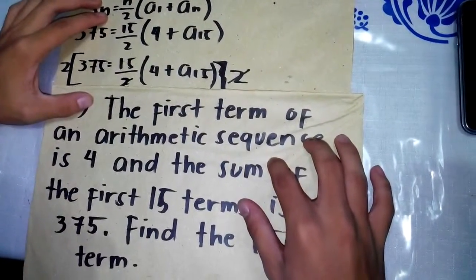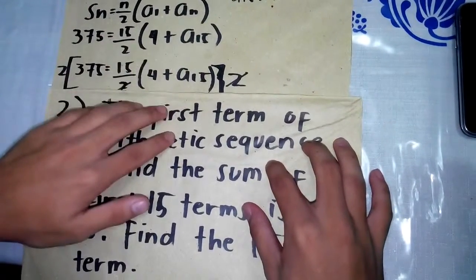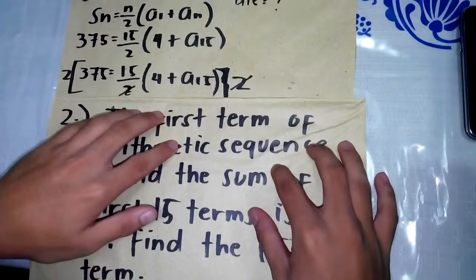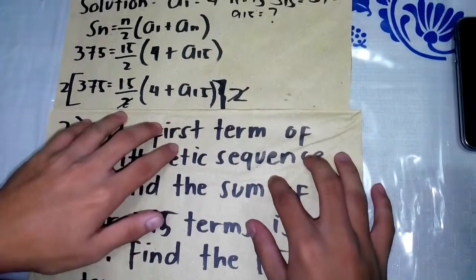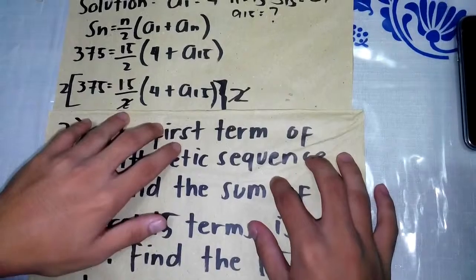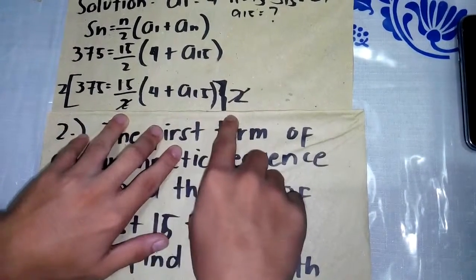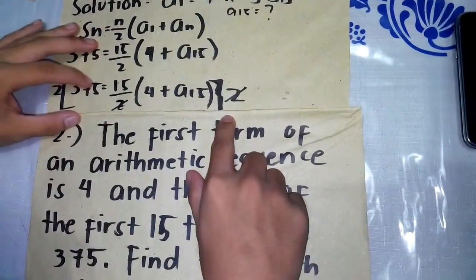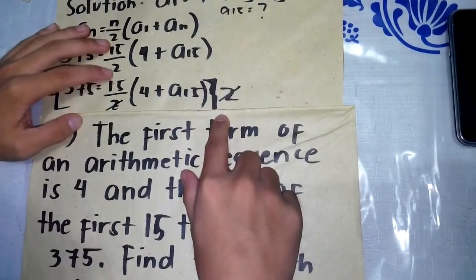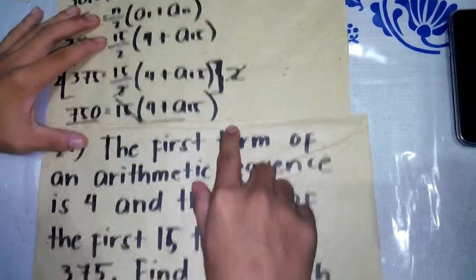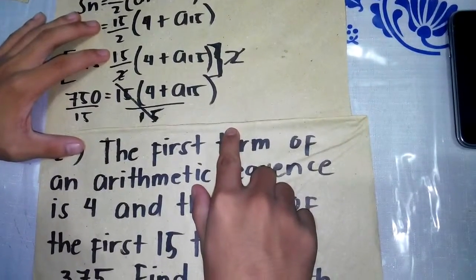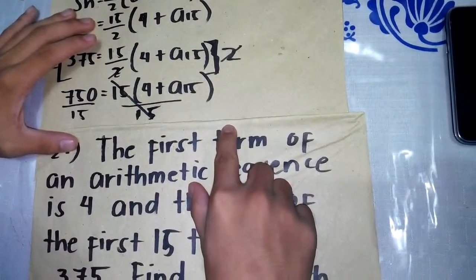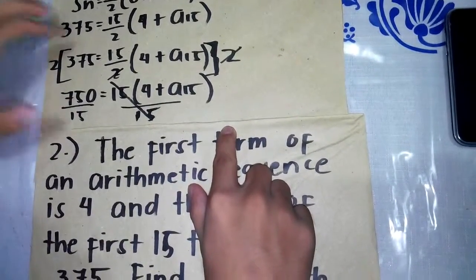What we are going to do here is isolate a sub 15. So we are going to multiply both sides by 2. So in 15 over 2, the 2 is going to be cancelled. So it's going to be 2 times 375 is equal to 15 times (4 plus a sub 15). And again, we are going to divide both sides by 15 to cancel the 15.